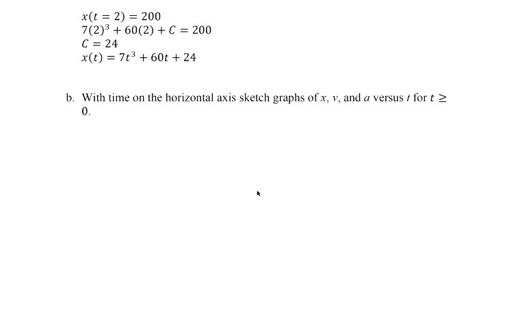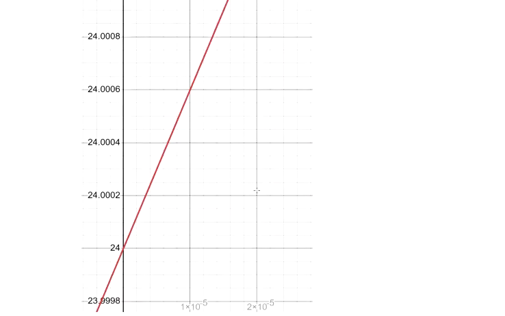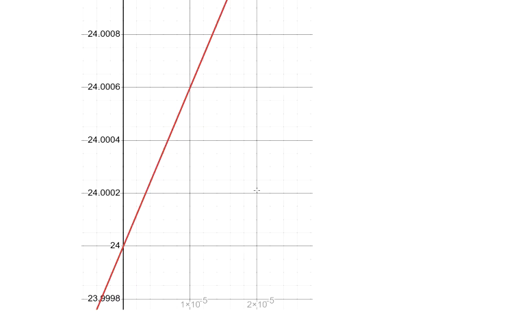Part B. With time on the horizontal axis, sketch graphs of displacement, velocity, and acceleration. So this is a graph of displacement versus time.